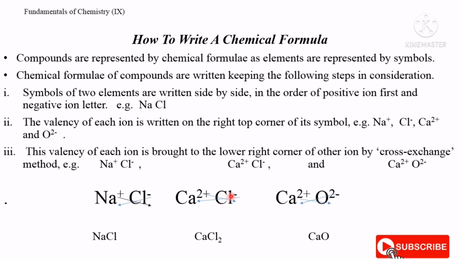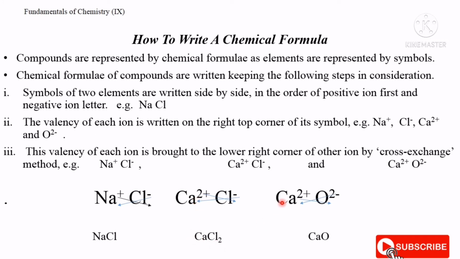In the same way, the valency of chlorine, that is one negative, goes to the lower right corner of the calcium by the cross exchange method, and that forms CaCl2.